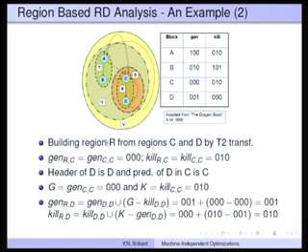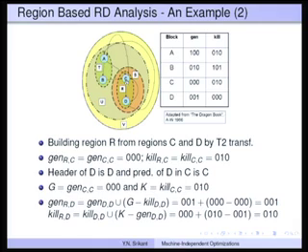For example, if you are building region R from C and D by T2 transformation, gen of R comma C is gen of C comma C. This is at the lowest level, so it is the same as the gen and kill sets. The header of D is just D, and the predecessor of D in C is just the node C.